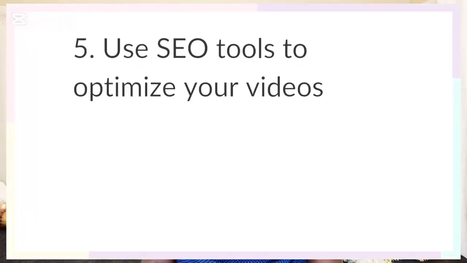And another thing is to optimize, especially your title, your description, and your tags. For those, you have to use SEO tools. And one of the SEO tools I'm using is vidIQ. It's very good, and there's a free version, so you don't have to pay anything.